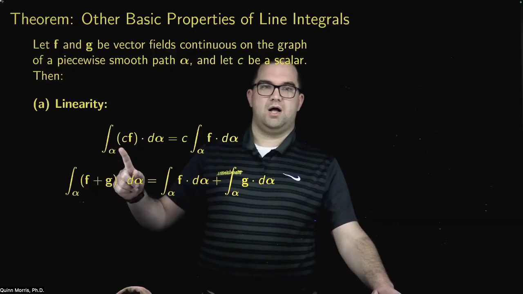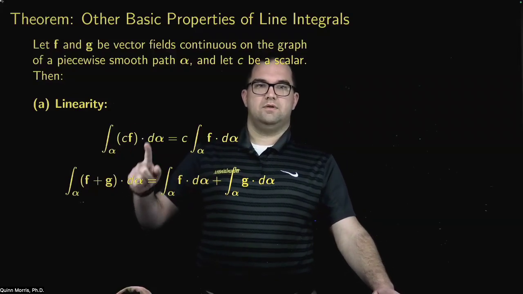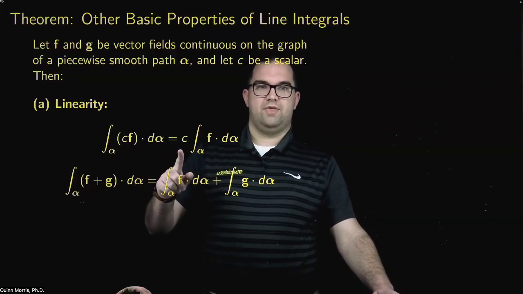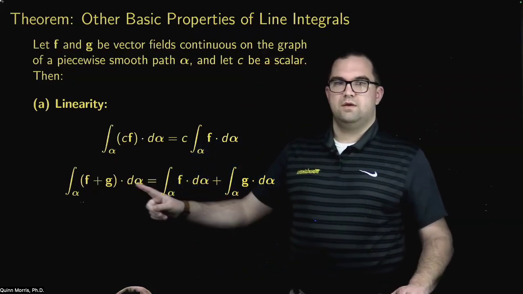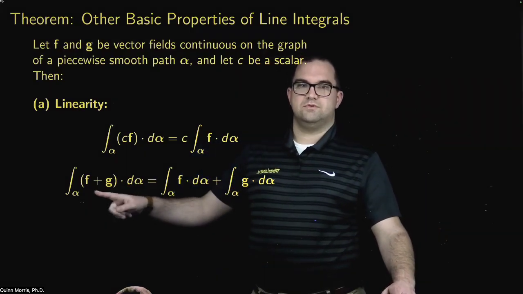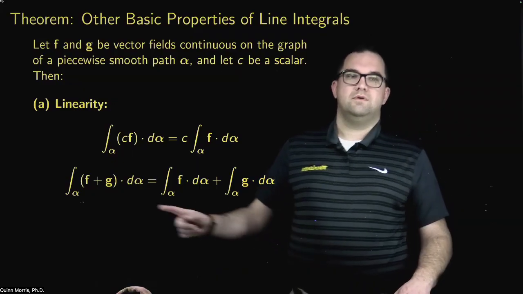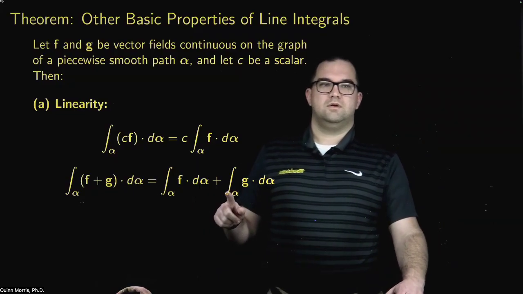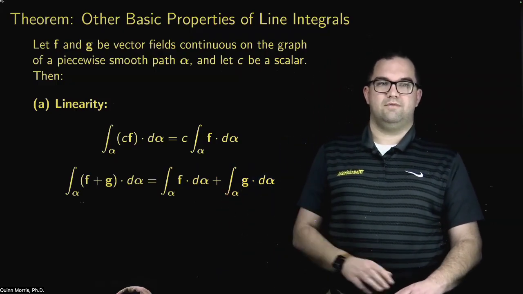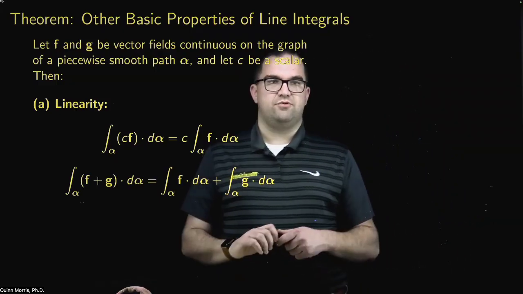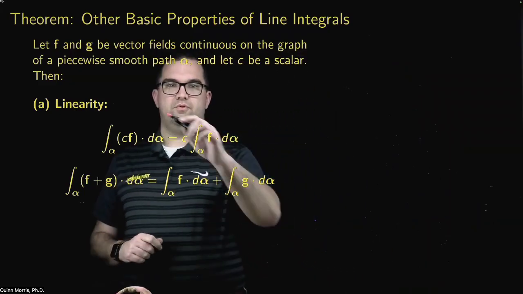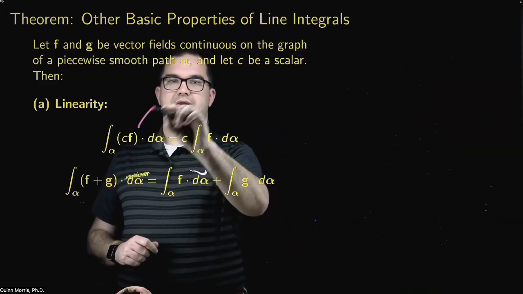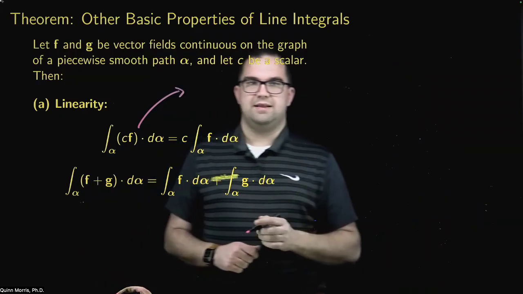So if you have some constant times your vector field that you're taking the line integral of, you can pull that constant out of the line integral. If you have a sum of two vector fields that you're taking the line integral of, you can rewrite it as line integral of the first vector field plus line integral of the second. And just to give you an idea of the proof, we're not going to write out all the words, but the idea here is you just write out what this is by definition.